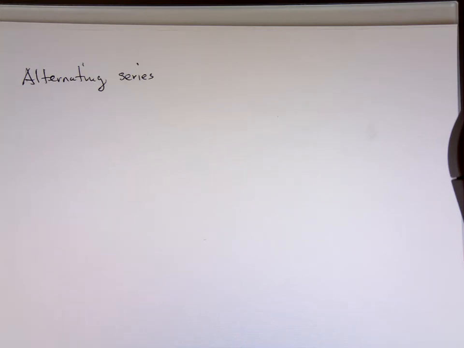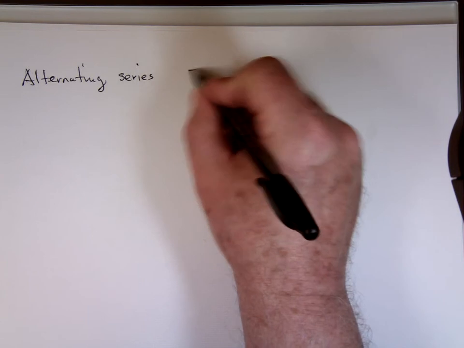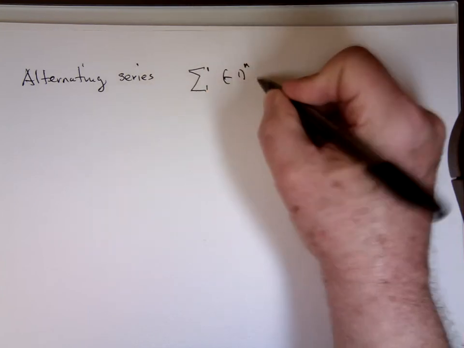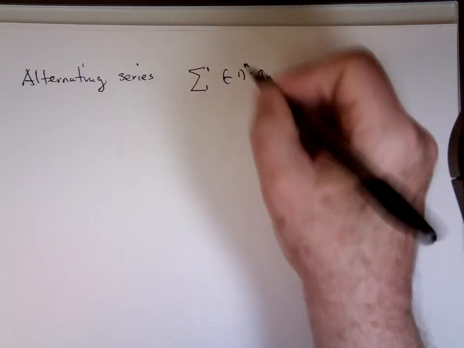Alternating series are series of this form. They could either start this way or this way.